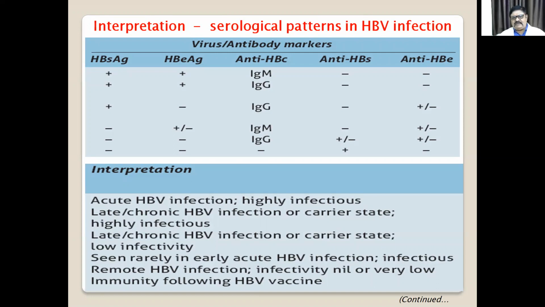Suppose HBsAg is present, IgG is present, no anti-HBs or no anti-HBe. Later, chronic HBV infection, it is a carrier state. Suppose HBsAg is present, but HBeAg is absent, IgG is present, and anti-HBs is also absent, but anti-HBe may be present or may still be absent.